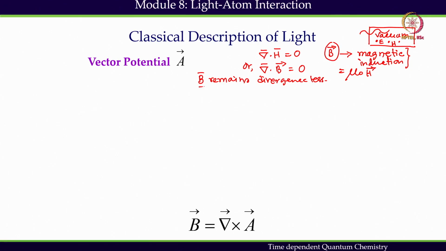Because B remains divergenceless, one can write that B is nothing but curl of a vector. That is the way one can represent it.